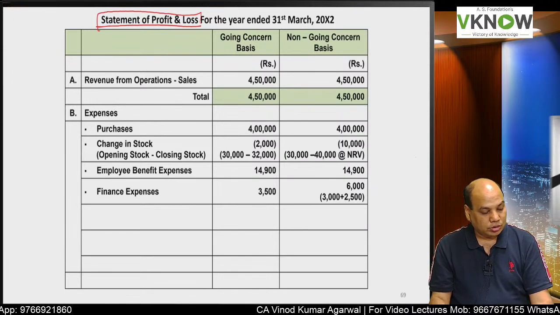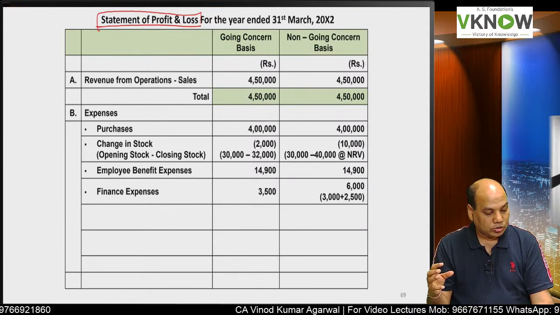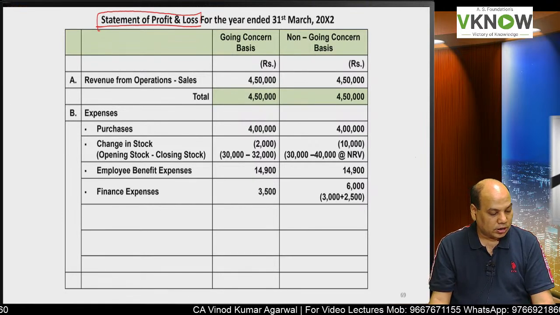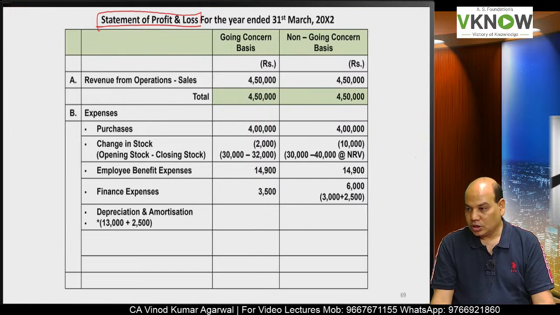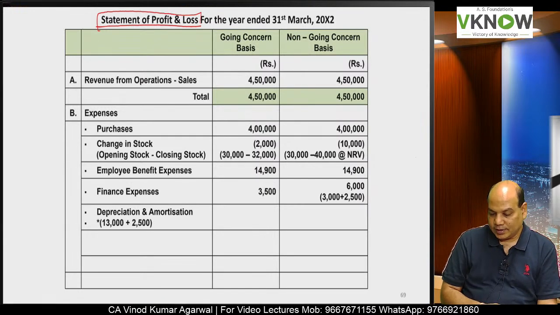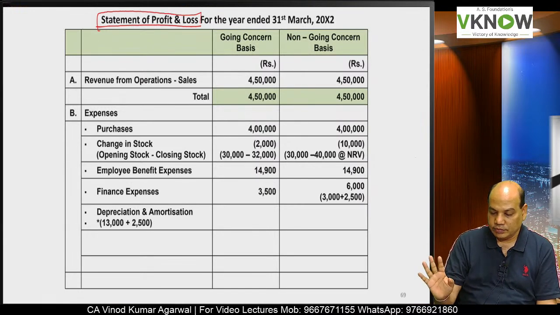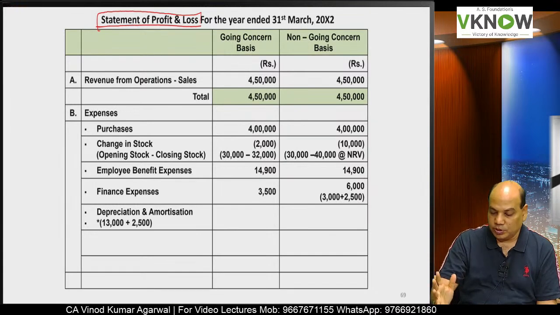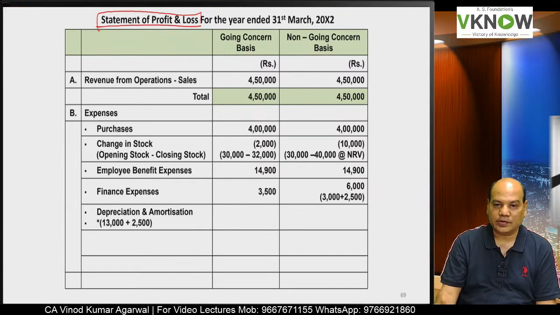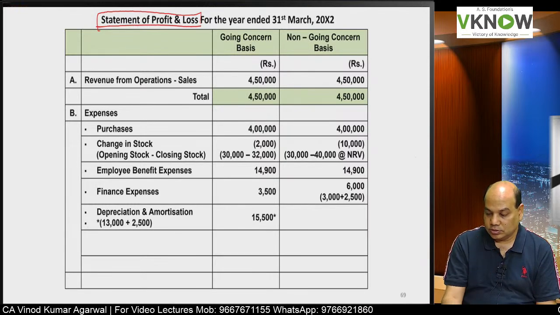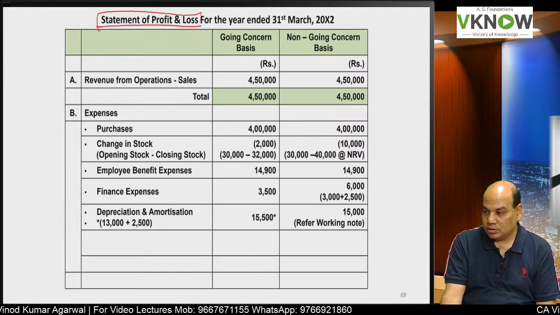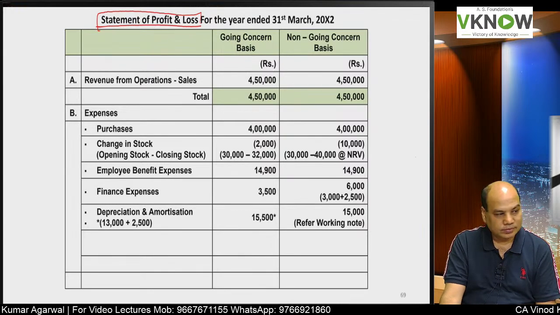In addition to 3,500, I will also take into account the penalty payable on early repayment of the loan. Point number H. Then depreciation and amortization. If it is a going concern, 13,000 on PP, 2,500 on other asset. Yes or no? But if it is a non-going concern, working note 1.